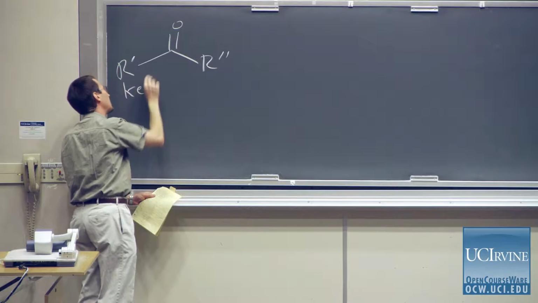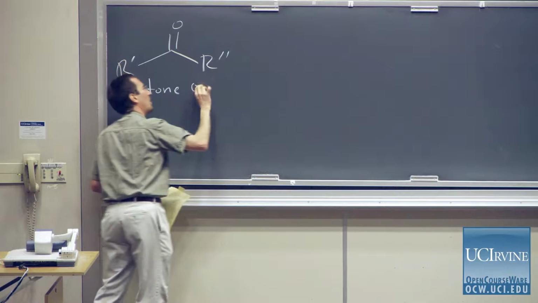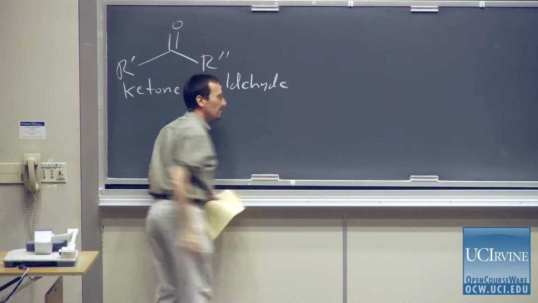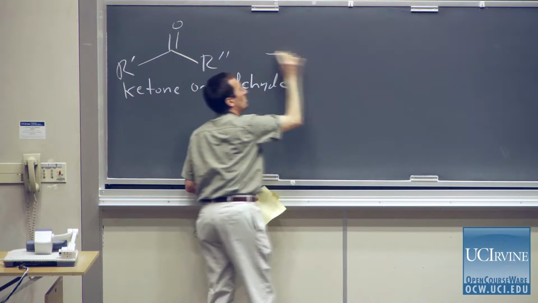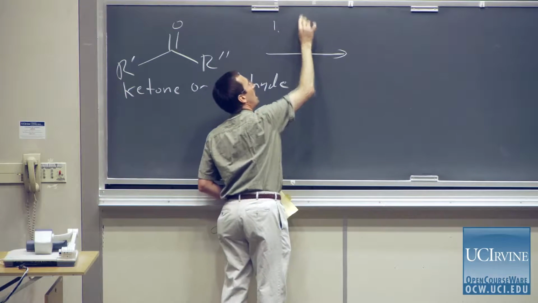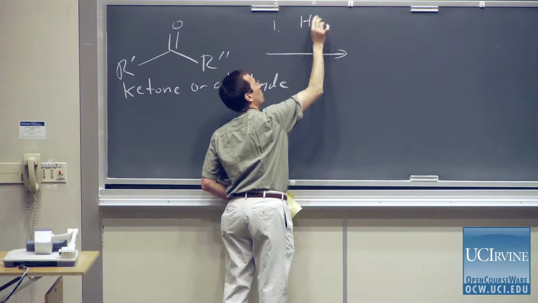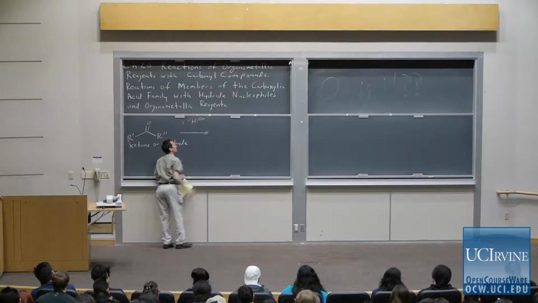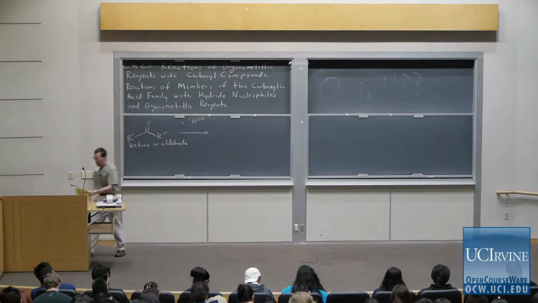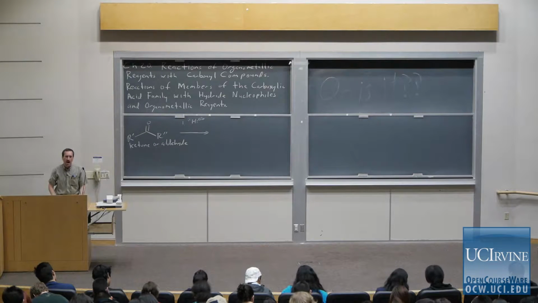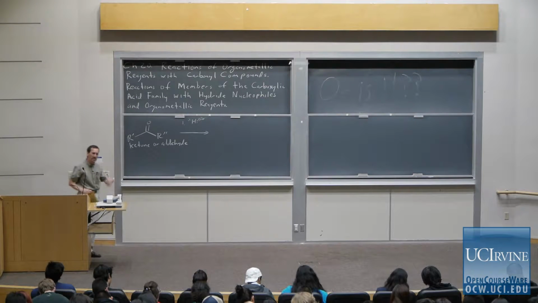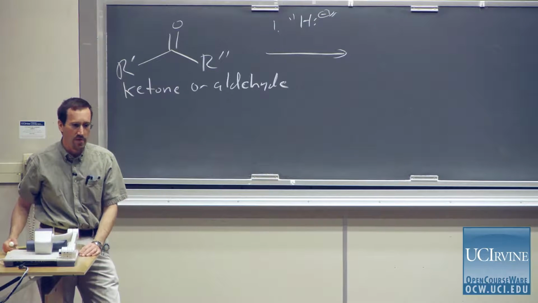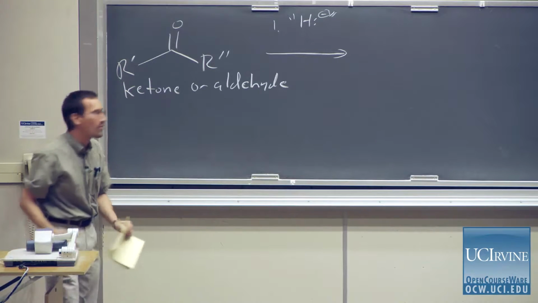So generically, a ketone or aldehyde, and we envision its reaction with some hydride nucleophile. Now remember, when I'm writing something like this, H minus in quotes, of course, there's no reagent that is itself a hydride nucleophile, but things like lithium aluminum hydride and sodium borohydride serve as sources of hydride.